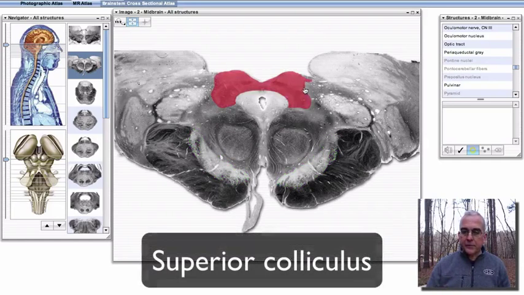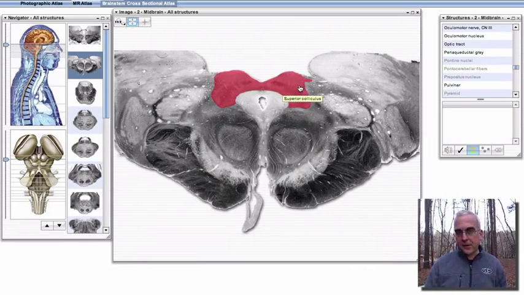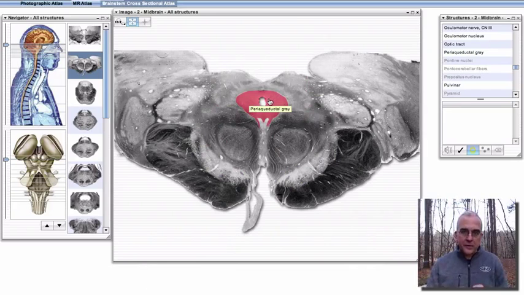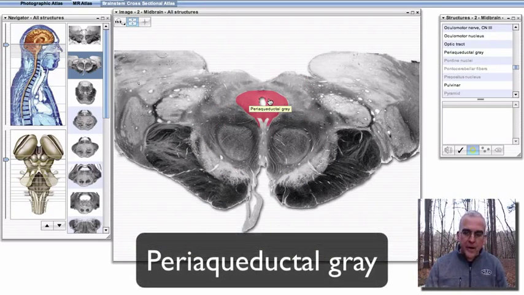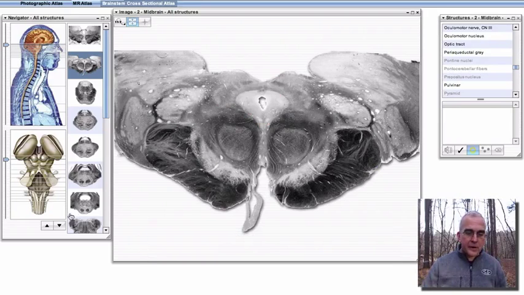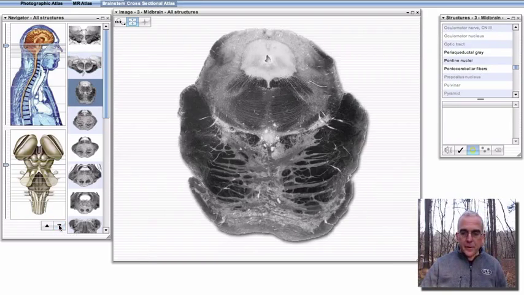We are at the level of the superior colliculus, the superior of these little hills, one on either side of the midline. And just below the superior colliculi, around the cerebral aqueduct, is a bit of gray matter that we call the periaqueductal gray. All right, well, let's go down a section to a lower level of the midbrain.